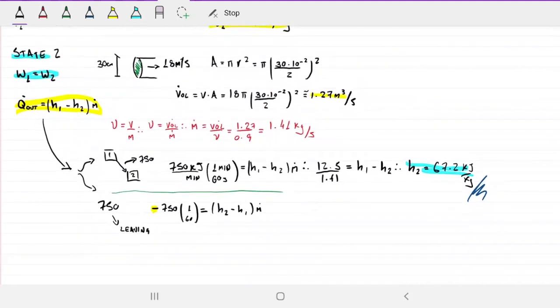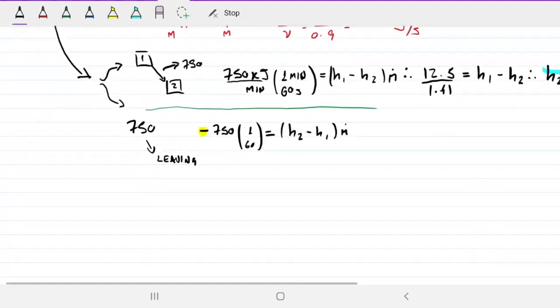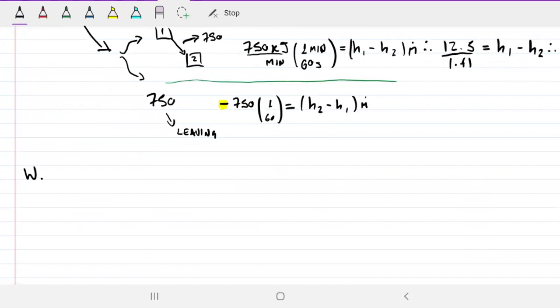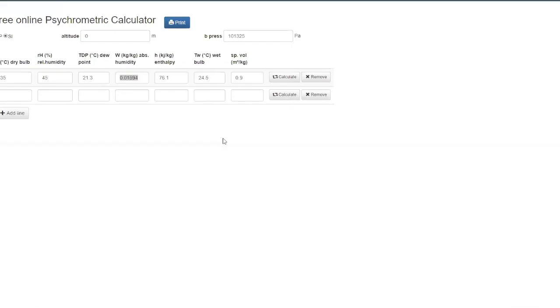With H2 and omega 2, I can go back to A31, and again use a chart or use the online tool, and I can grab everything I need for state 2. So let's go ahead and go back here.